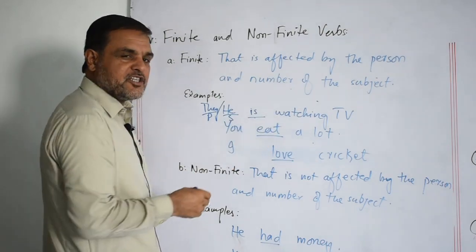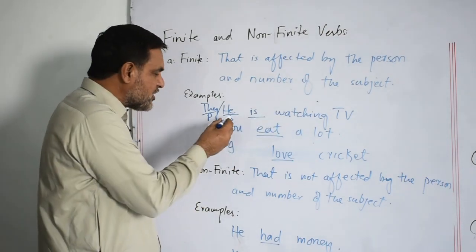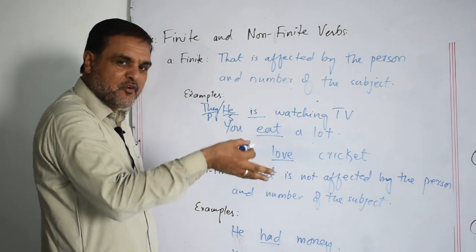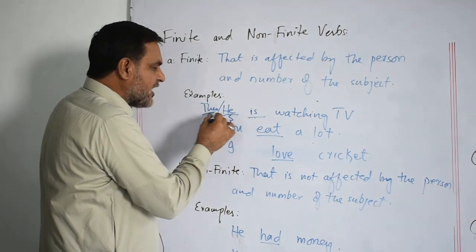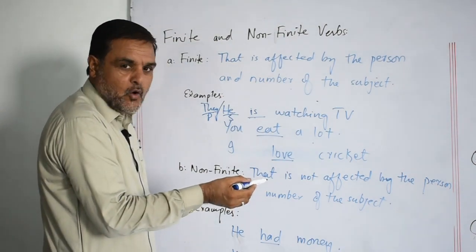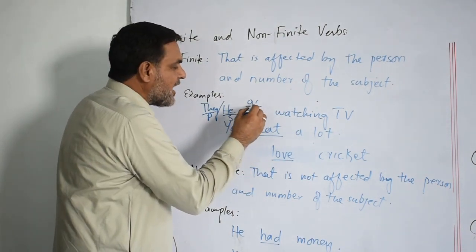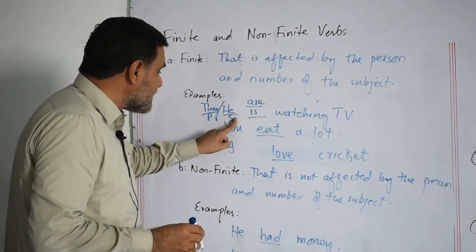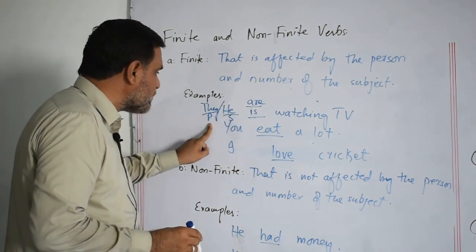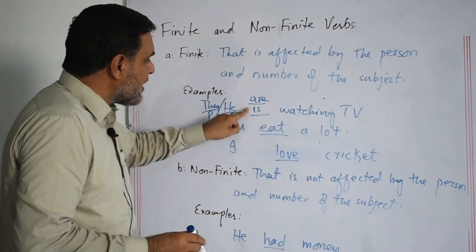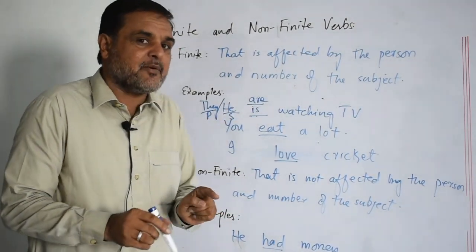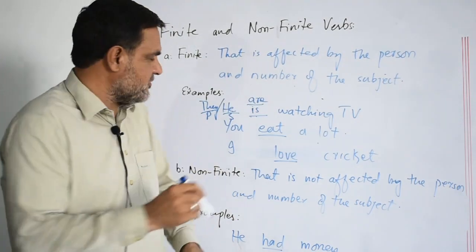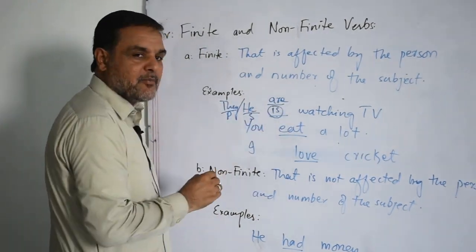If I change he into they, then is "they is watching TV" correct? No. Then you will have to use "they are watching TV." So see, when the number of the subject is changed from singular to plural, automatically the verb has to be changed. Such a verb is called a finite verb.